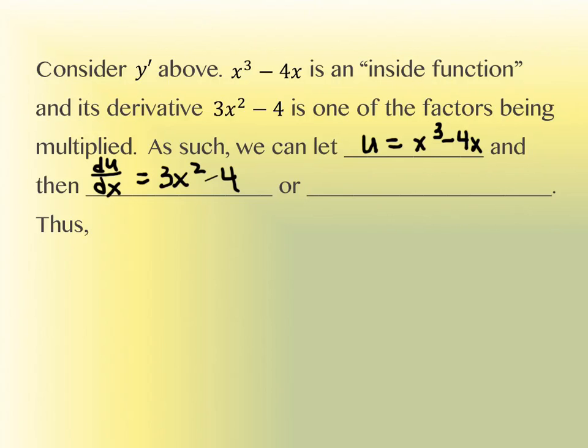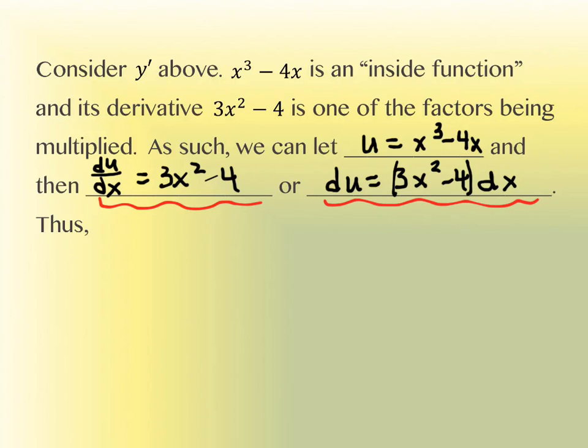And the way that we're actually going to write it is not the way I just wrote it. Instead, we're going to write this as du equals (3x squared minus 4) dx. We'll put this in parentheses just to indicate the multiplication is really happening to both pieces. So if you go from the left-hand expression to the right-hand expression, what did I do? Yeah, I just moved the dx.